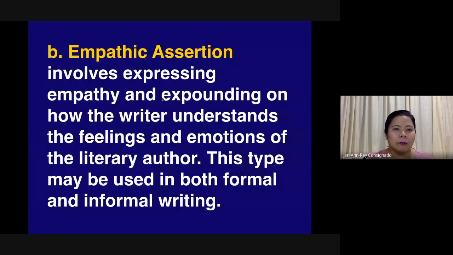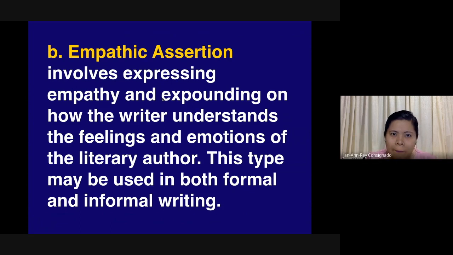How about number two? The second kind of assertion is emphatic assertion. It involves expressing empathy and expounding on how the writer understands the feelings and emotions of the literary author. This type may be used in both formal and informal writing.